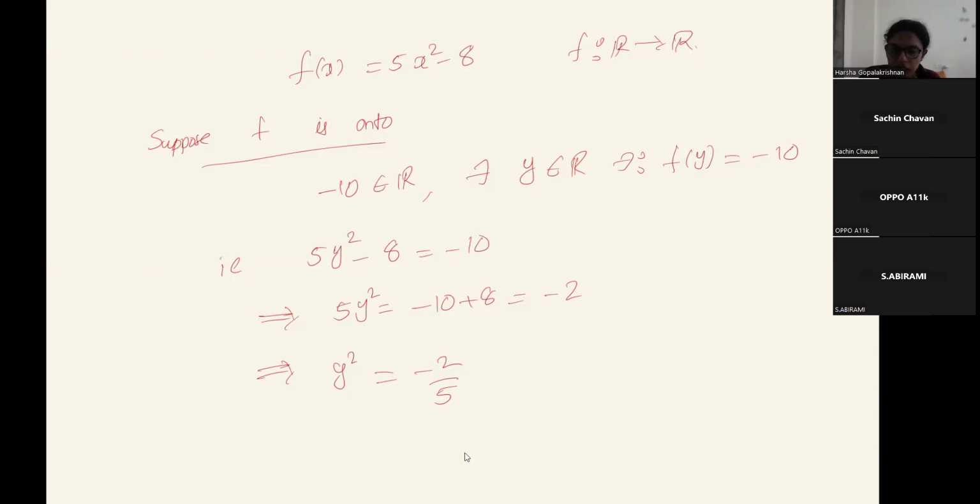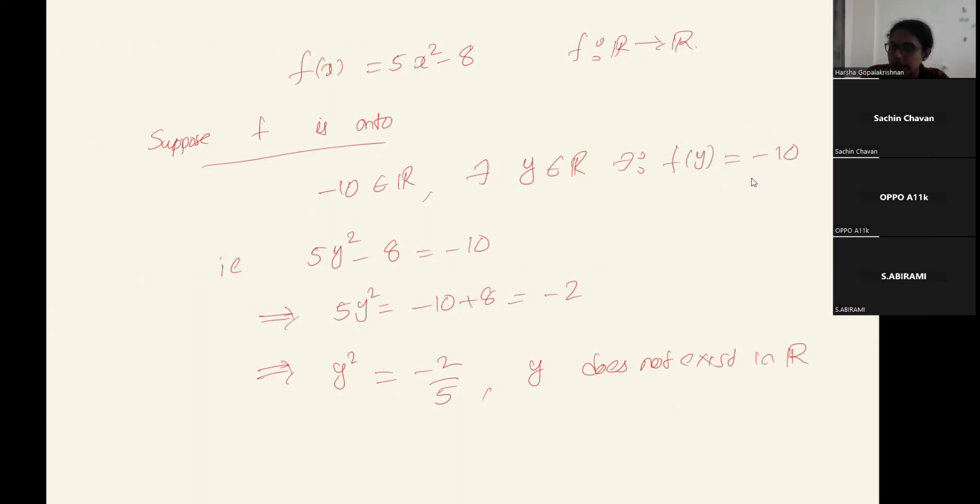No, madam. No, because for any real number, the square is always positive. So y square equal to minus 2 by 5 means y is a complex number. But our domain is just real numbers, right? So such a y does not exist in R. So if I am taking minus 10 in R, there does not exist a y such that f of y equal to minus 10.